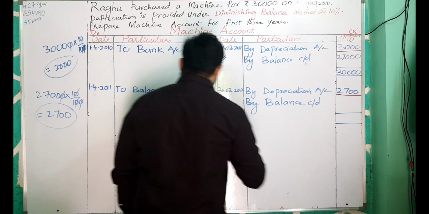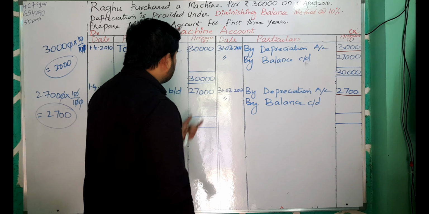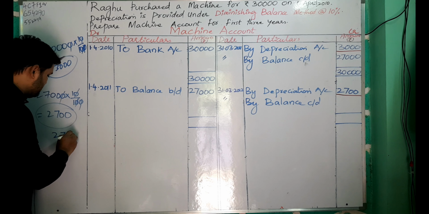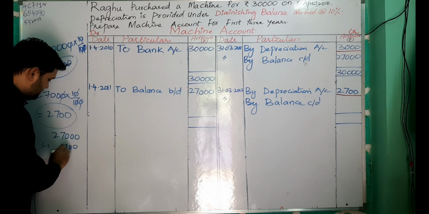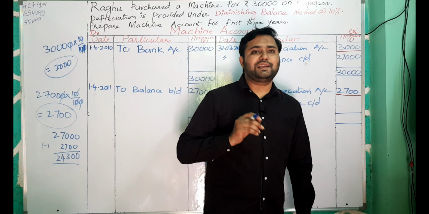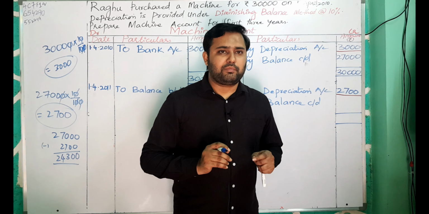If you deduct 2,700 from 27,000, you get 24,300. Always remember, calculation plays a key role while solving a problem.